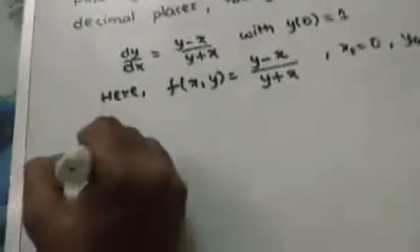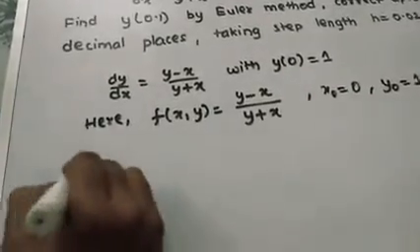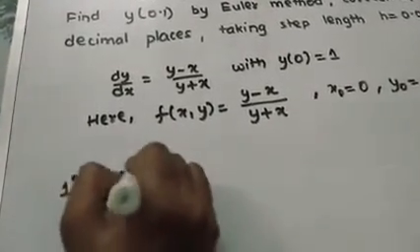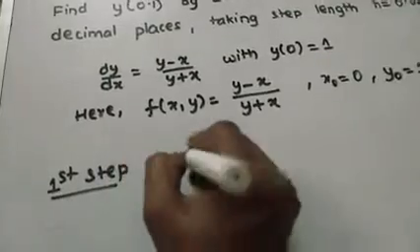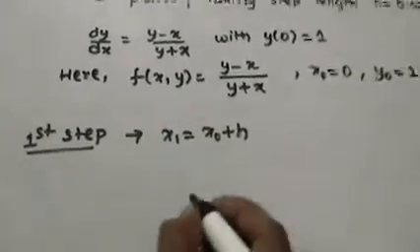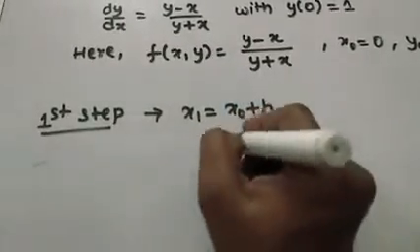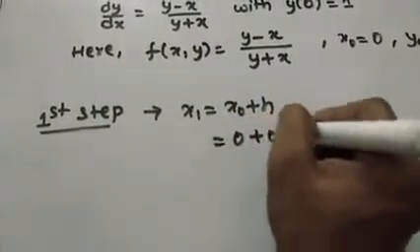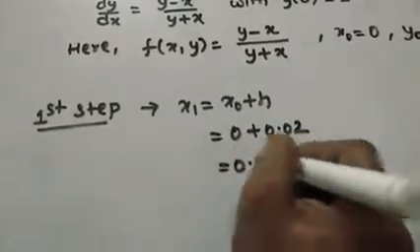Now first step, that means we have to find here x1. x1 means x naught plus h. Okay, so x naught is your 0, h is 0.02, that is x1 is 0.02.